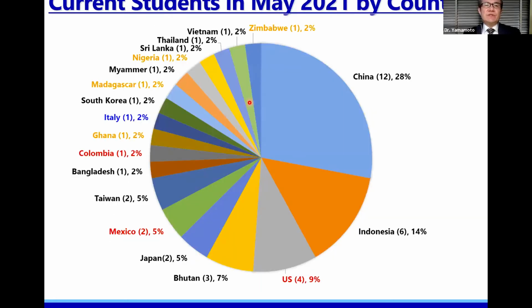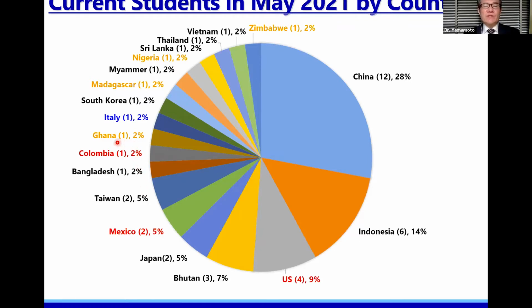This figure shows the current students in May 2021 by country. About half of the students are coming from China, Indonesia, and the United States. However, please look at these countries. The black letters indicate the Asian countries, and red letters indicate the American countries, including North and South American countries.